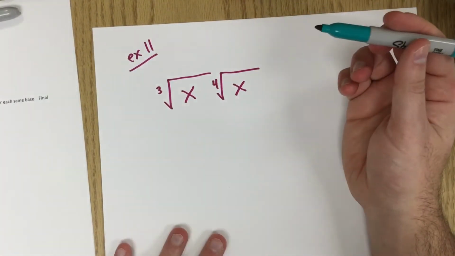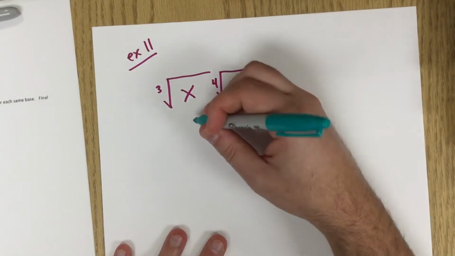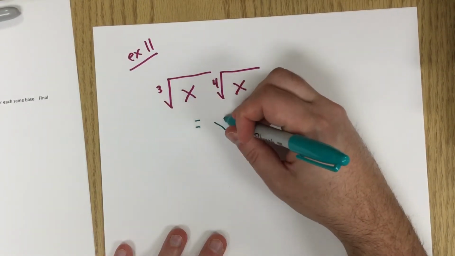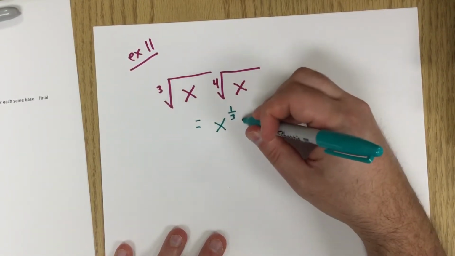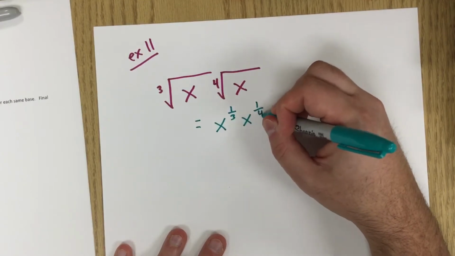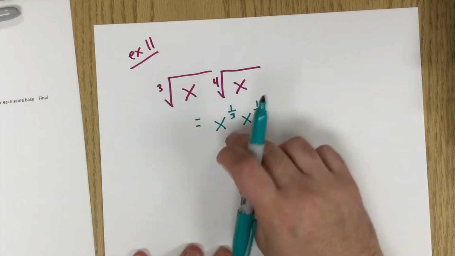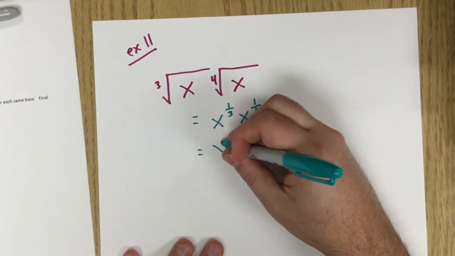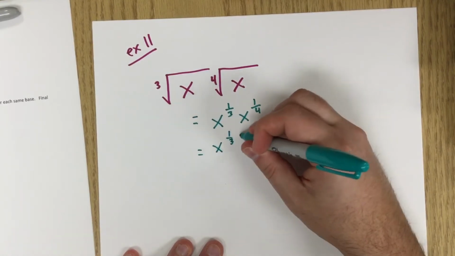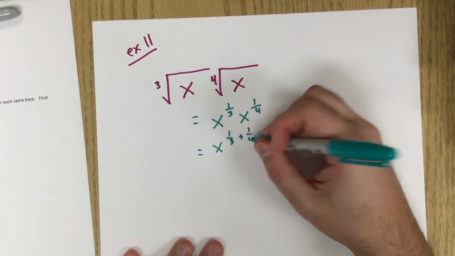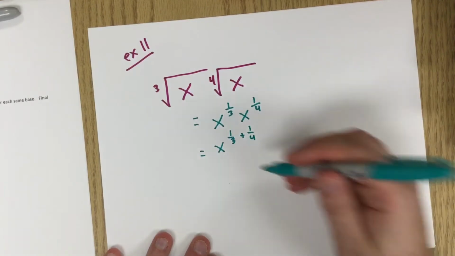We can't really do much with radical notation, so we're going to turn to exponential notation first. That's x to the 1/3 times y to the 1/4. When the bases are the same and we multiply, we're going to add. So it's x to the 1/3 plus 1/4. How do I add those things? Common denominator.